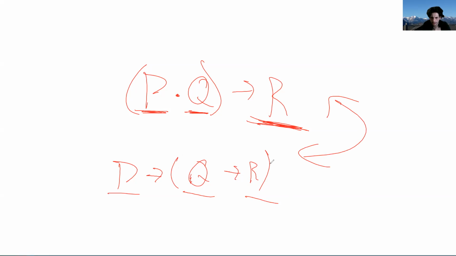Distribution we've looked at. So real quick, we can also say this: if you know P is true, you know P and P is true. That should be obvious, right? If I know I have a dog, I know I have a dog and a dog. And I can go backwards and forwards. That's another equivalence rule.